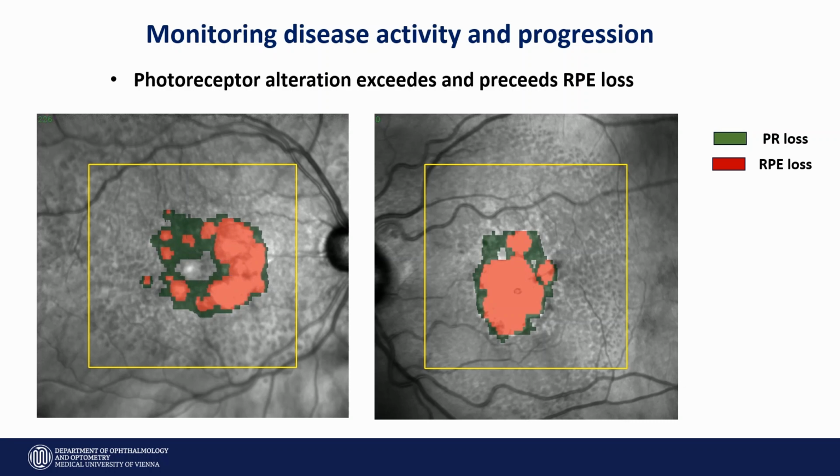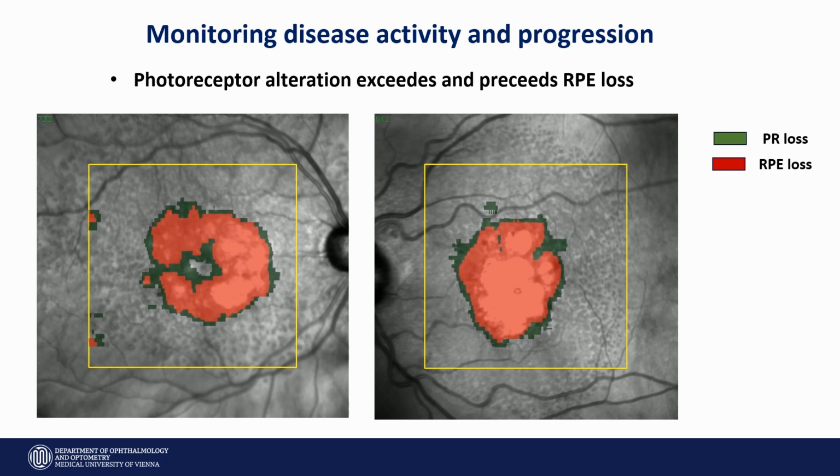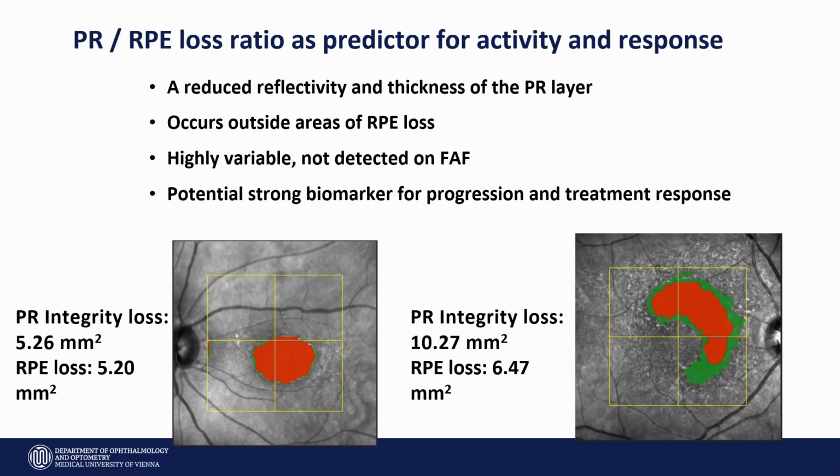visualize disease progression, and what you can see in every single case is that photoreceptor degeneration, as seen in green, always exceeds and precedes consecutive RPE loss. This is a point of understanding, as it allows us to predict fast progressors and identify slow progressors.